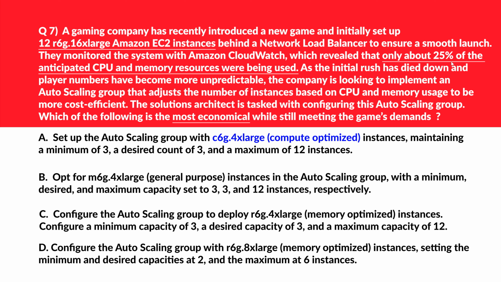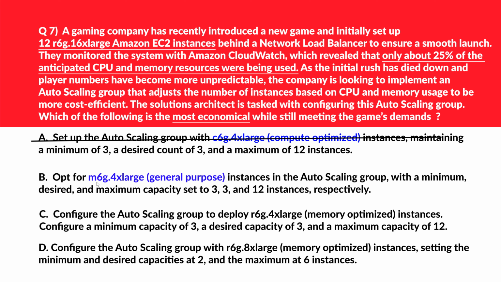If you look here, only 25%. Compute optimized instances are ideal for compute bound applications and do not provide the cost effectiveness for memory utilization that is required as per the question. So this is out.